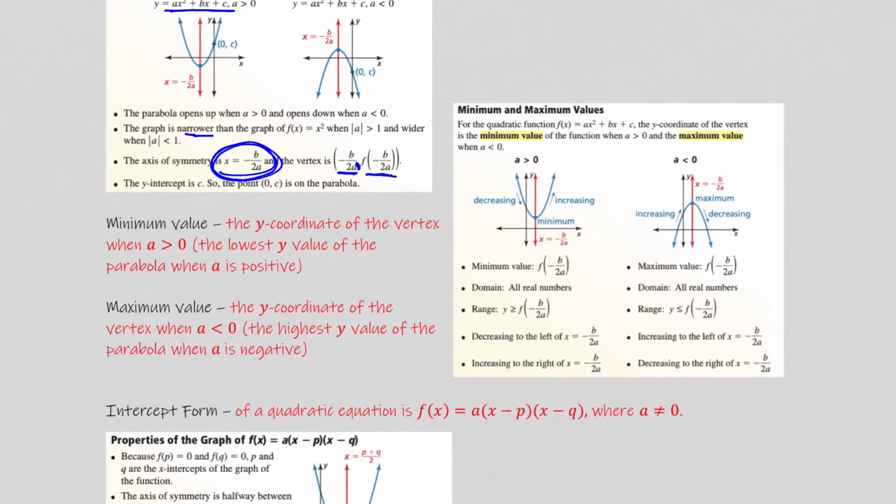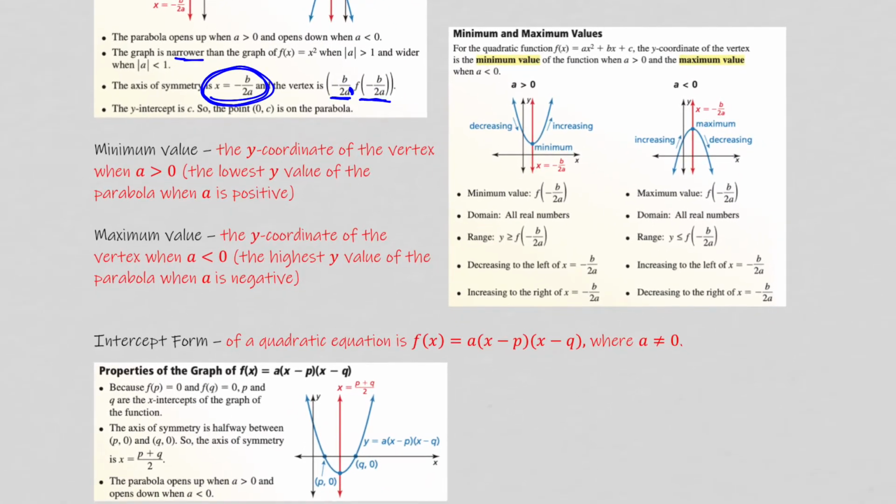Okay, we have max min values. We've talked about the vertex being the lowest or the highest point. So it's the lowest point if it's opened upwards, so it means A is positive. It's the highest point if A is negative because it's opened downwards. Okay, our domain is always all real numbers, which is negative infinity to infinity.